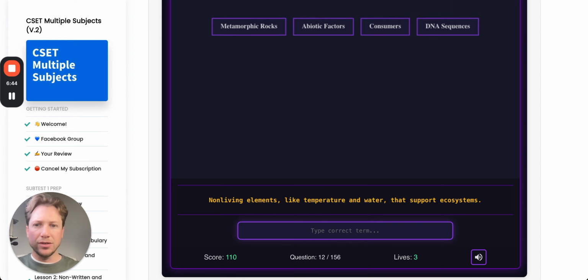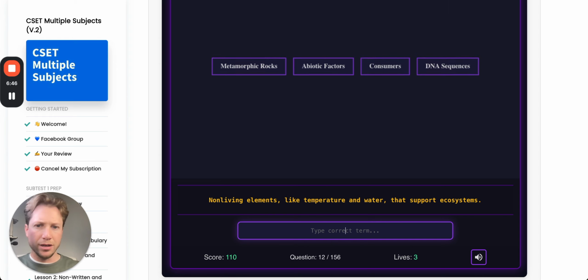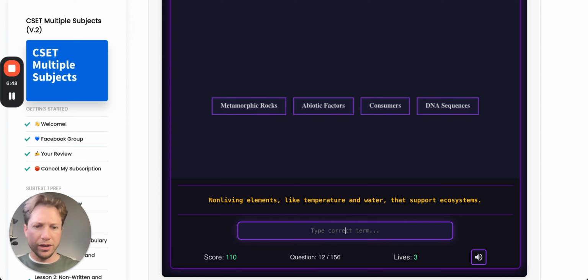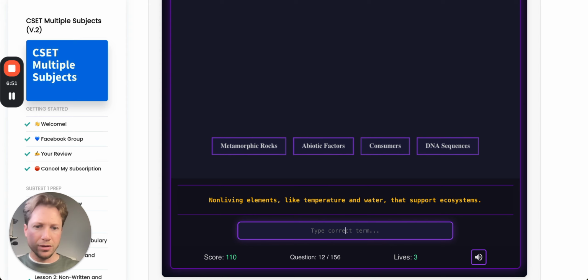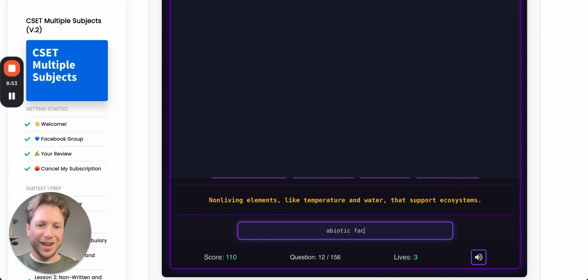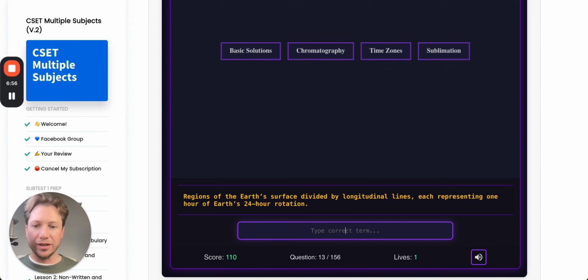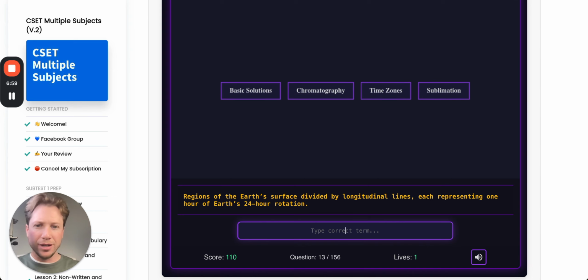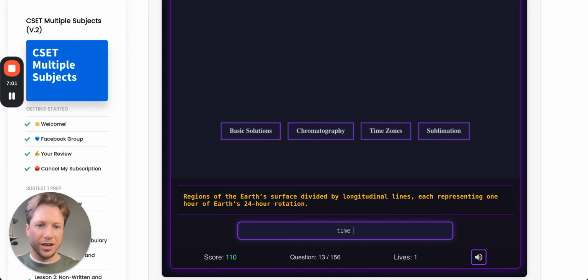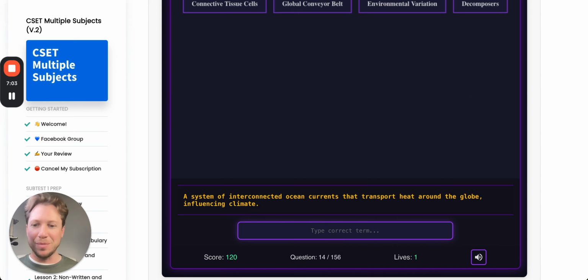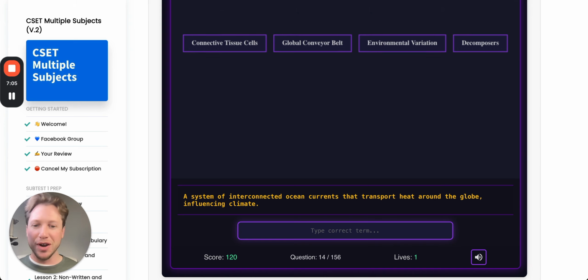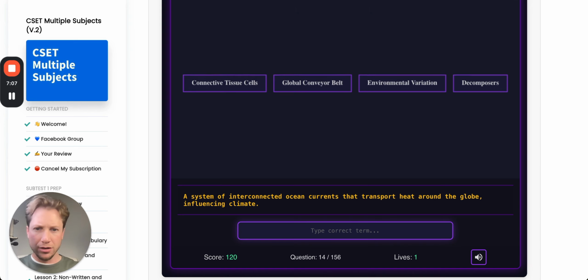Non-living elements that support ecosystems. Uh-oh, I don't know. Oh no, okay, so I've got 1 life left. Regions of the Earth's surface divided by longitude, is that time zones? Woo, okay, keeping it going. A system of interconnected ocean currents.